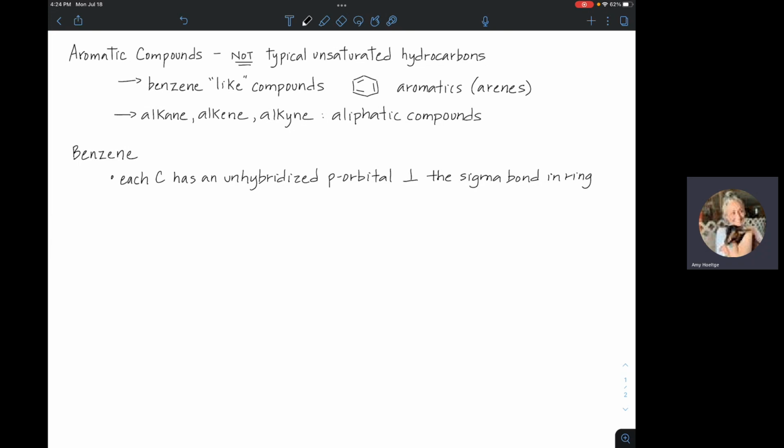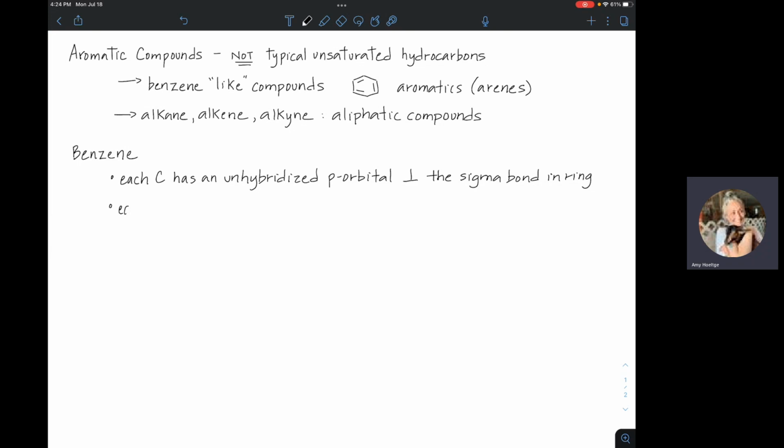And so those p orbitals are going to overlap to form pi bonds. And so what you get is sort of like a cloud, or like an uninterrupted cloud. It's a conjugated pi system, but it's an uninterrupted cloud of pi electrons.